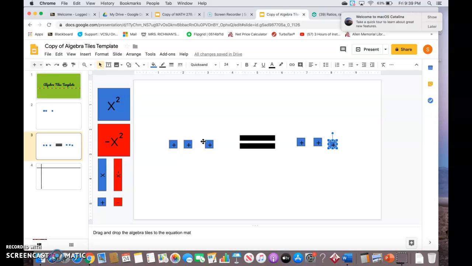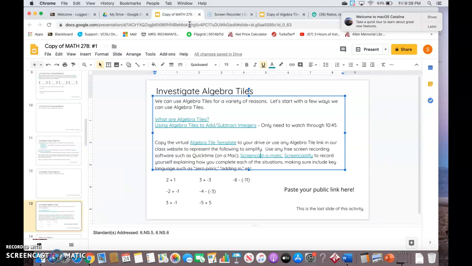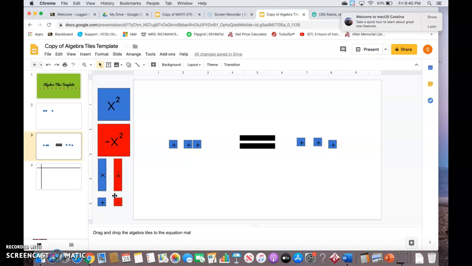So to do that, one would take 3 positive tiles plus -3 tiles. So that's a -1, -2, and -3 tiles.